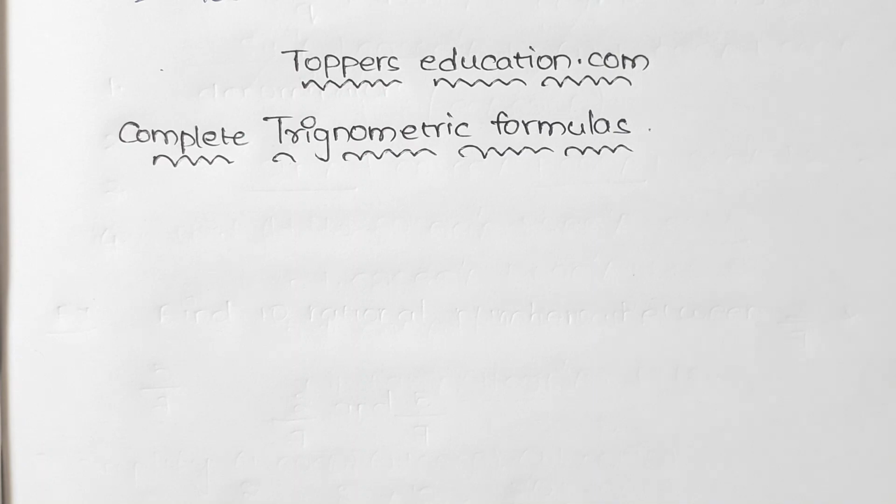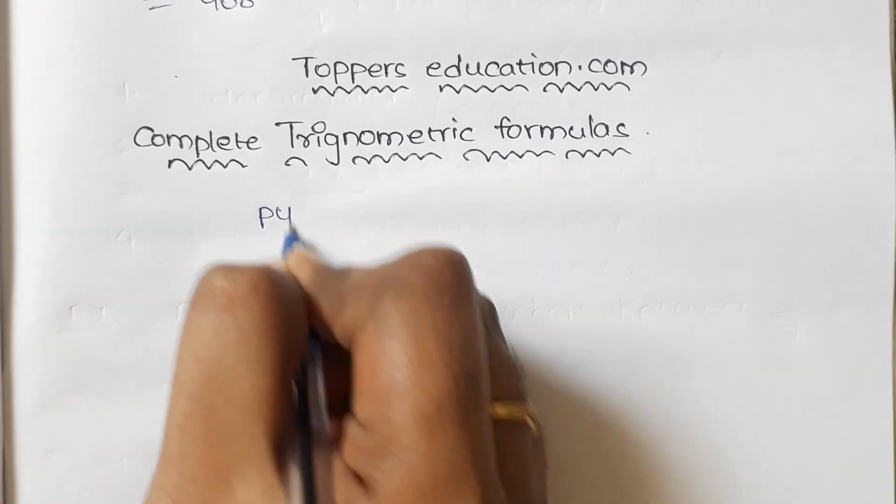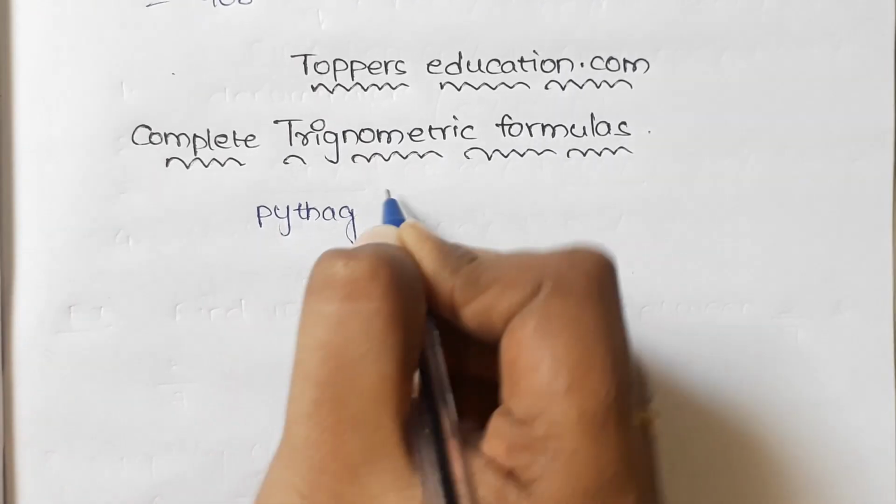In this video, we are going to discuss the complete trigonometric formulas used in class 10 and 11. The first main formula used in trigonometry is the application of Pythagoras theorem for a given right angle triangle.